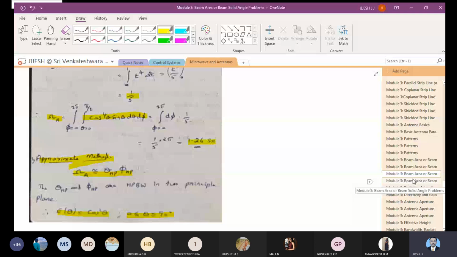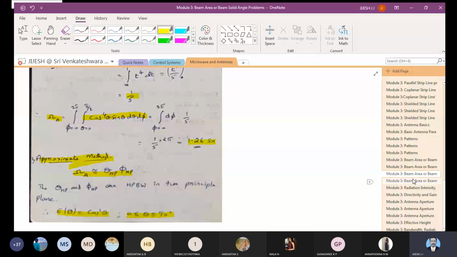Once you complete, just go through the basic equations of trigonometry, as I have already posted in the group for reference. You can also go through some of the methods of integration and applying the limits. Integrals of sine, cos square, sine cube, all these you try once.